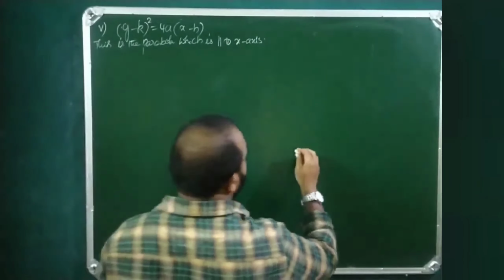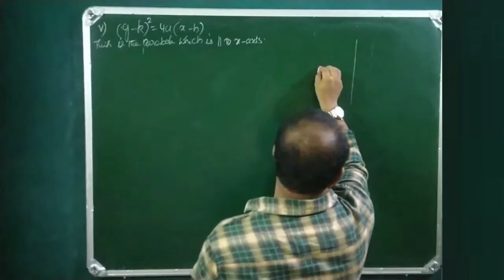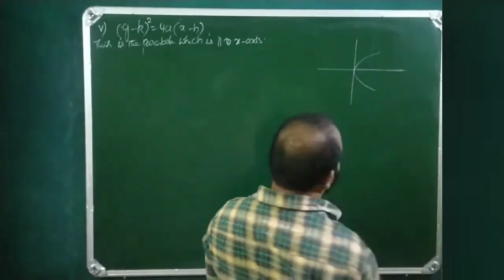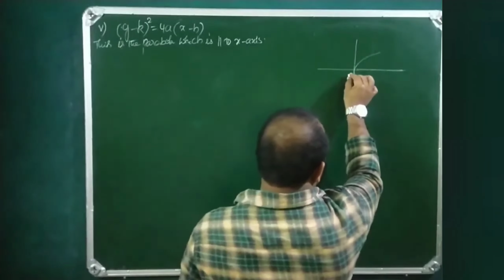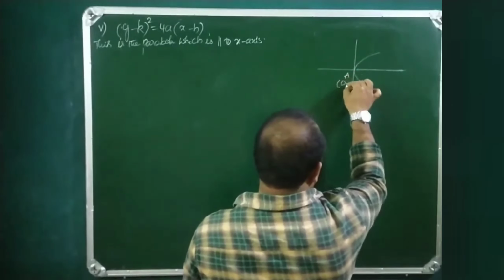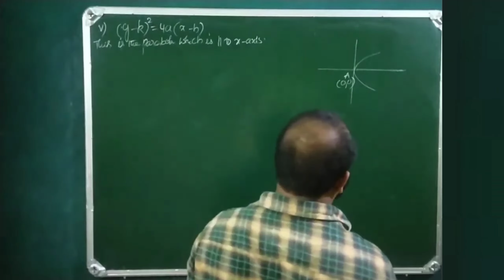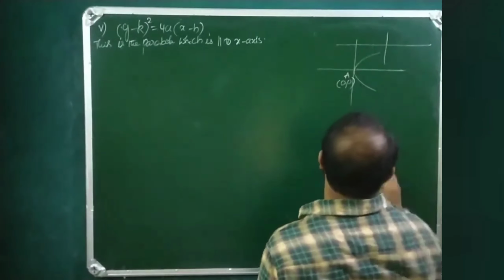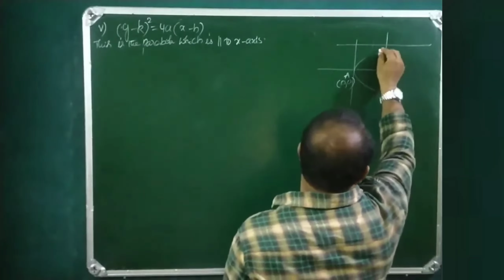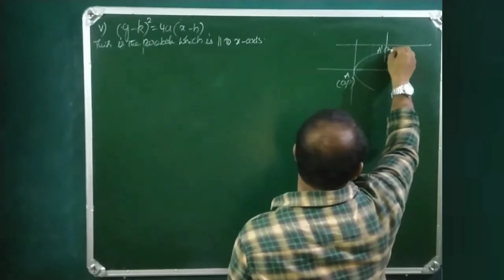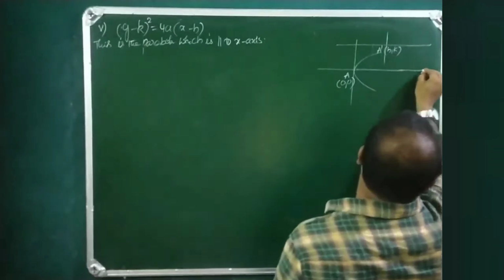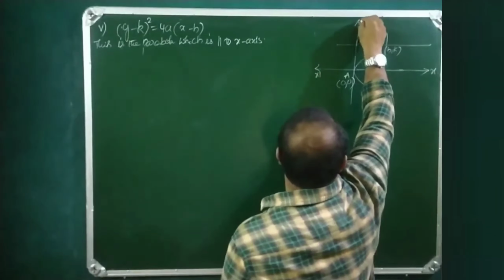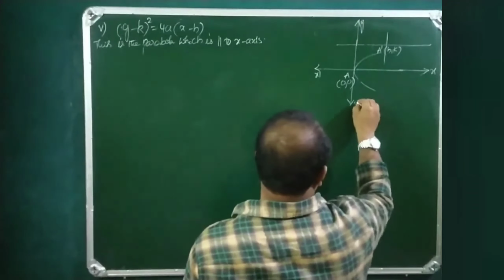So earlier the parabola is this. This is the origin A, 0 0. Now this has been shifted. The origin is shifted to some other place here. So therefore this is our A dash, which is h comma k. This is x dash. This is y dash.